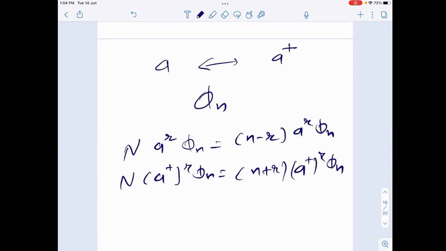So n can assume values differing in terms of 0, 1, 2, and so on.